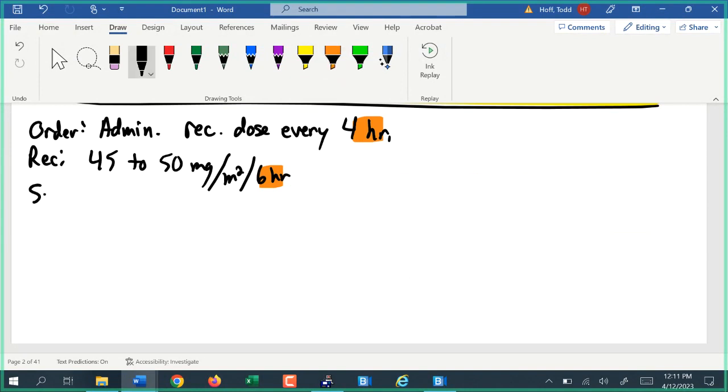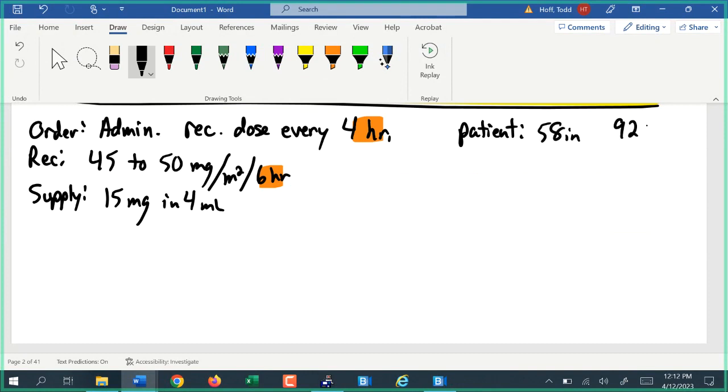The label on our supply tells us that this is mixed or constituted at 15 milligrams in 4 milliliters. And now, of course, we need our patient. Let's see with a patient that is 58 inches tall and weighs 92 pounds.